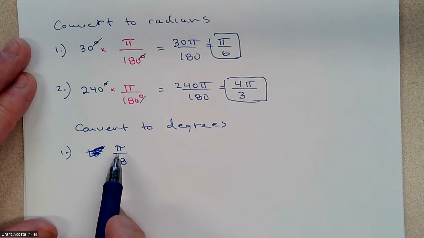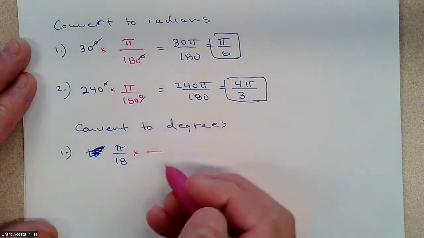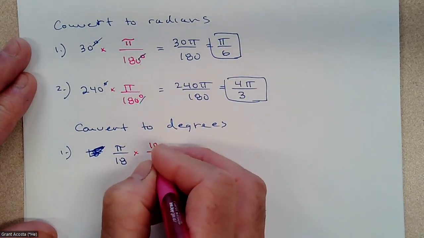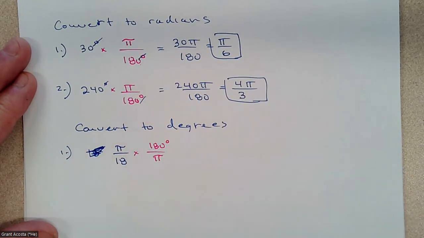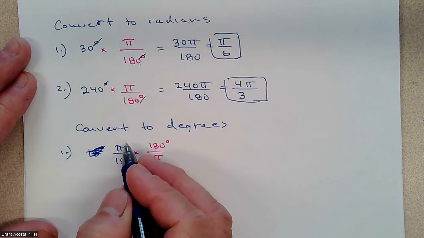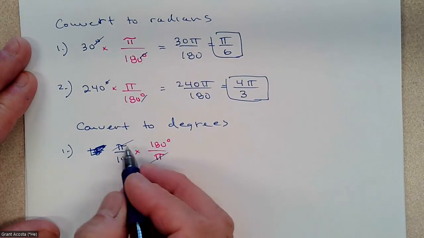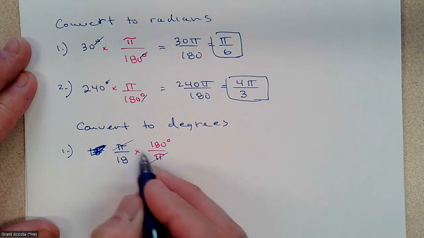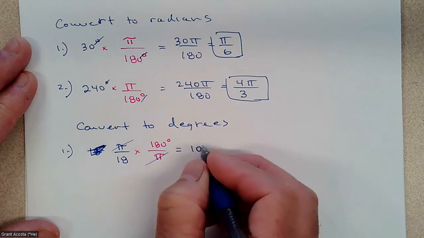That is a radian measure for an angle. And if I want to convert this to degrees, I'm going to take the same conversion, but now I'm going to flip it. 180 degrees is the same as pi radians. And you can see the obvious reason to do that is the pi's cancel. And now I'm in degrees. Because remember, the units here were in radians. We didn't write them, but they're in radians. And so 180 divided by 18 is 10 degrees.